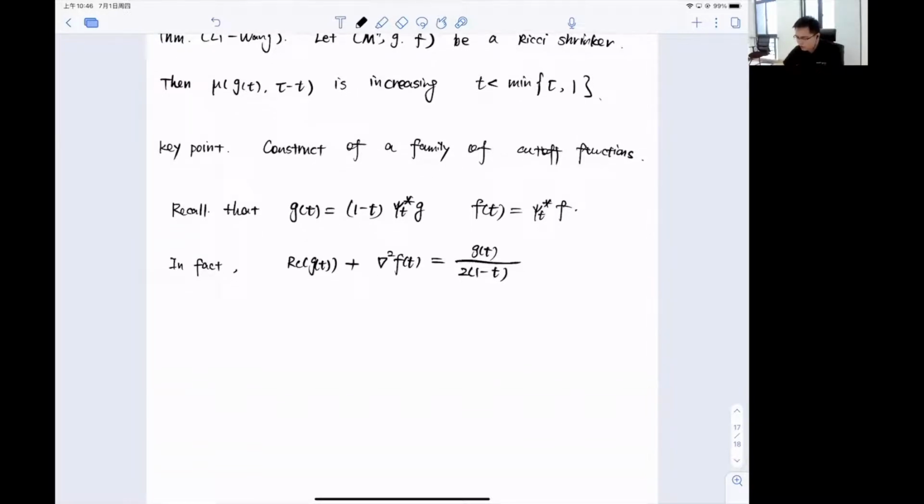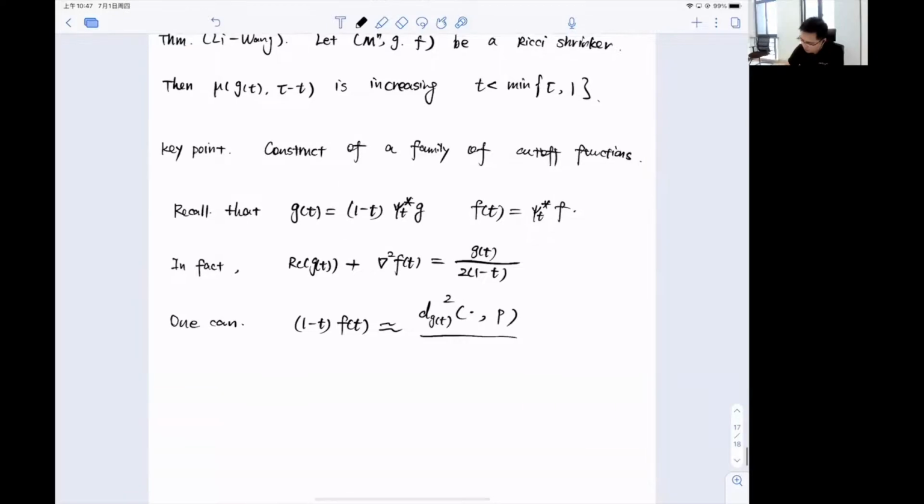Now, as one can prove like in the first lecture, we can obtain the estimate for the potential function f_t as well. So one can show that 1 minus t times f_t is almost equal to the distance function of g_t squared with respect to the base point p, over 4.